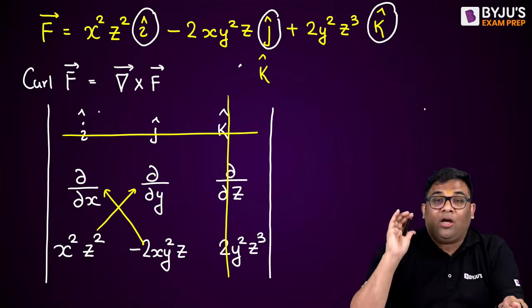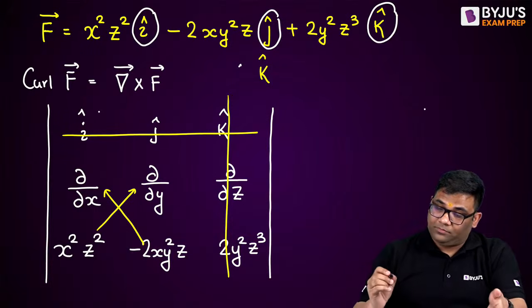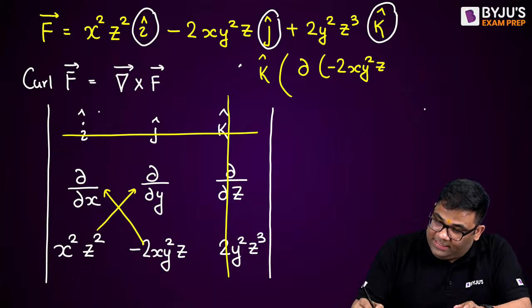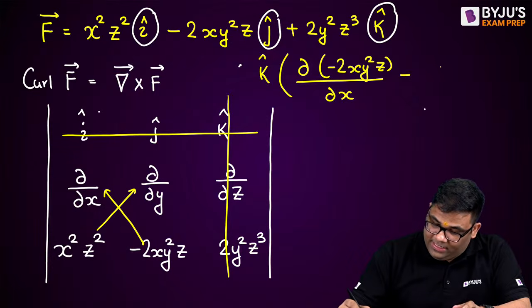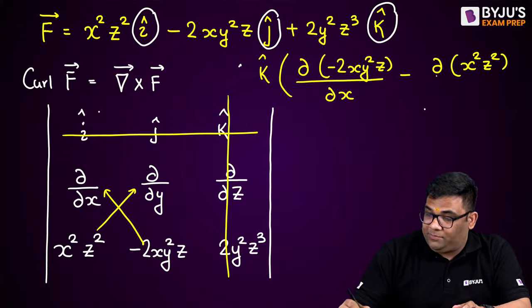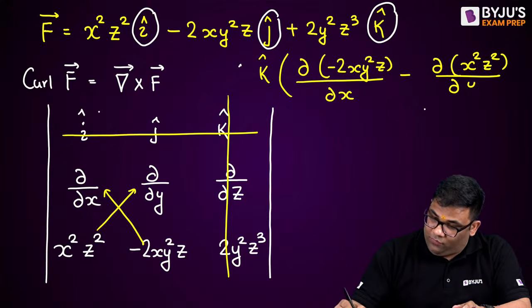Okay, let us solve this question. So differentiation of minus 2xy square z with respect to x, minus differentiation of x square z square with respect to y.